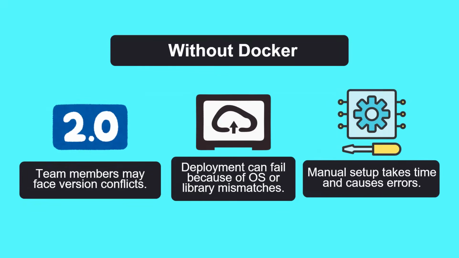If the team lead sits down and tries to solve the errors occurring because of version conflicts or operating system mismatches, that takes a lot of time and a lot of space on the lead's system. So without Docker, this problem will also come.